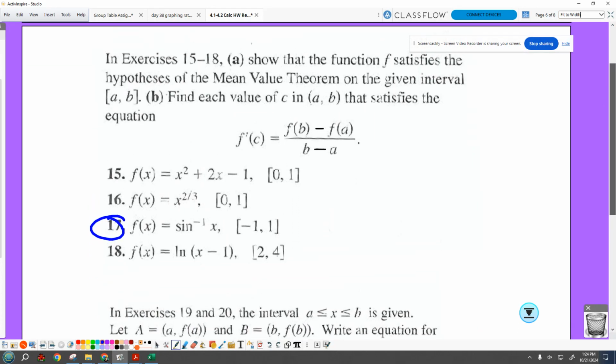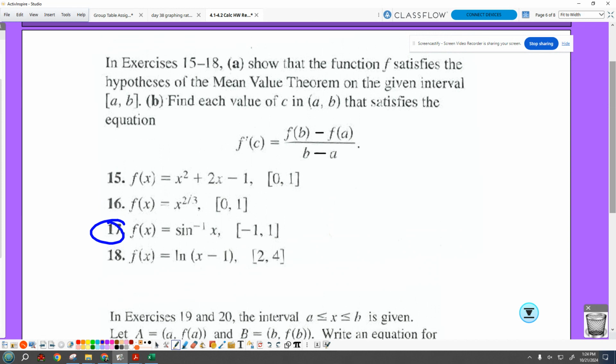So 17 says first, show that the function satisfies the hypotheses of the mean value theorem, and then find the value or values. On the last one? 17? No, you were not supposed to use a calculator on 17. Hopefully, you guys can do this. You can do it without.